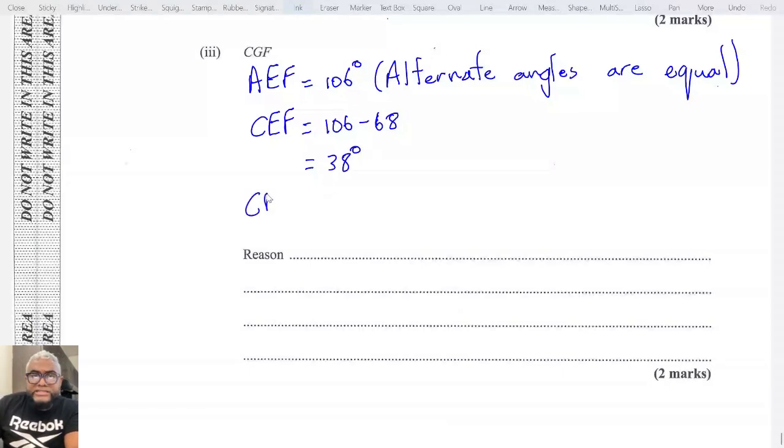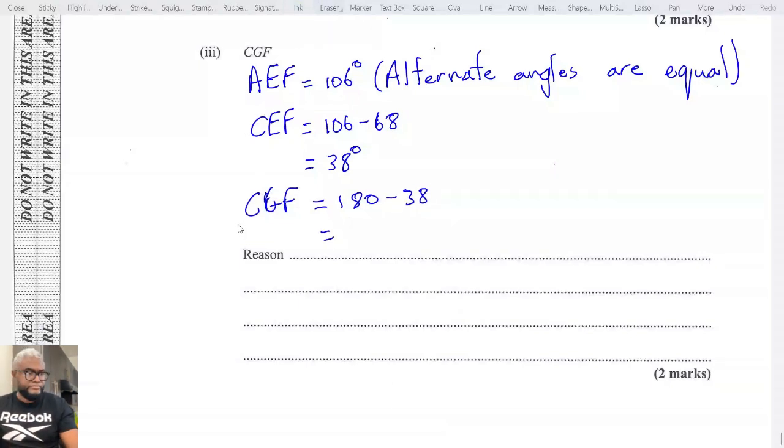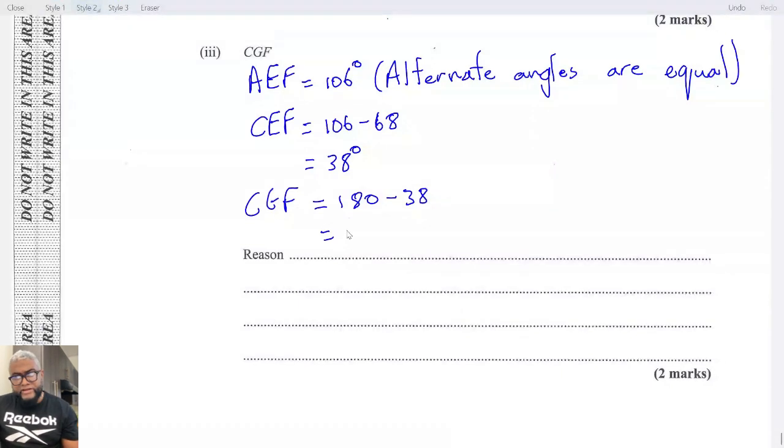Now we could proceed to find CGF, which is equal to 180 minus 38. What is CGF? That would give you 42. 142, sorry. 142 degrees.